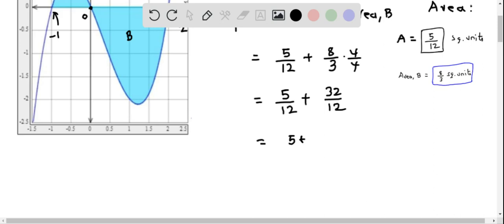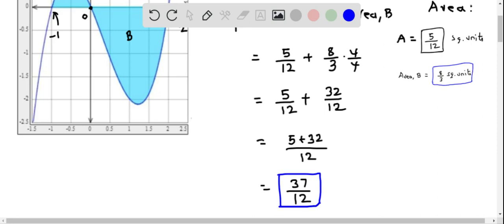So it is 5 plus 32 divided by 12, and 5 plus 32 is 37 over 12. So this is the total area of the shaded region. This is A T, and the unit of this area is square units.